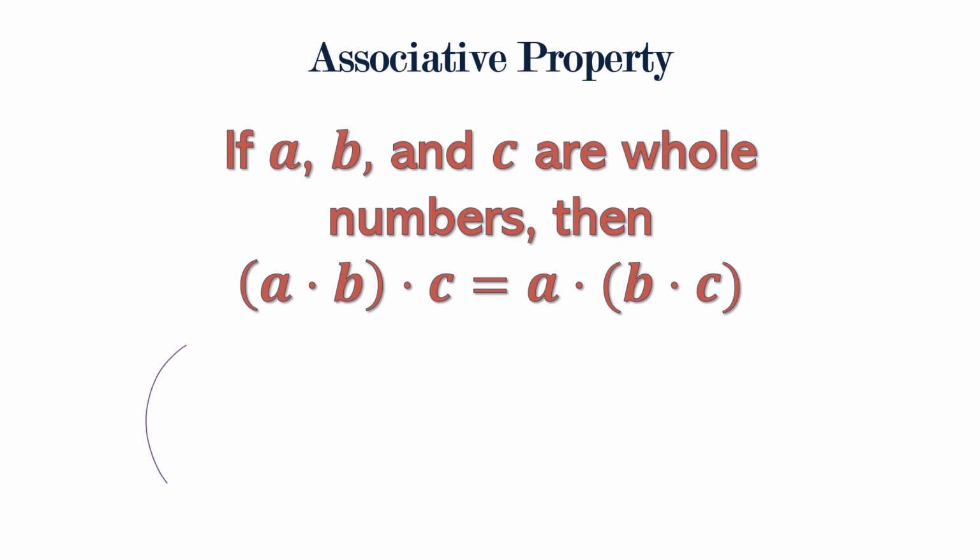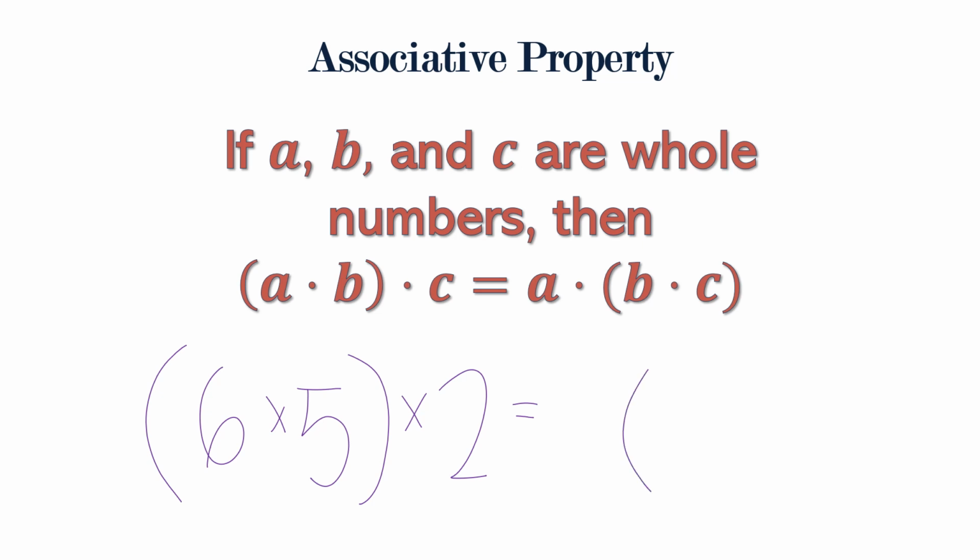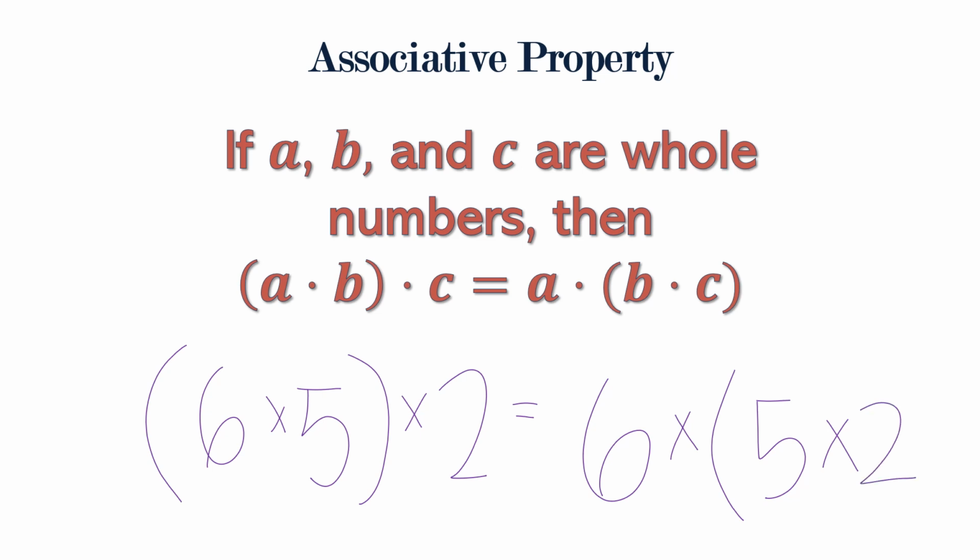So just a little example: we could do 6 times 5 times 2, which is the same thing as 6 times, and then we group the 5 and the 2 together. So those are the same thing. That is the associative property.